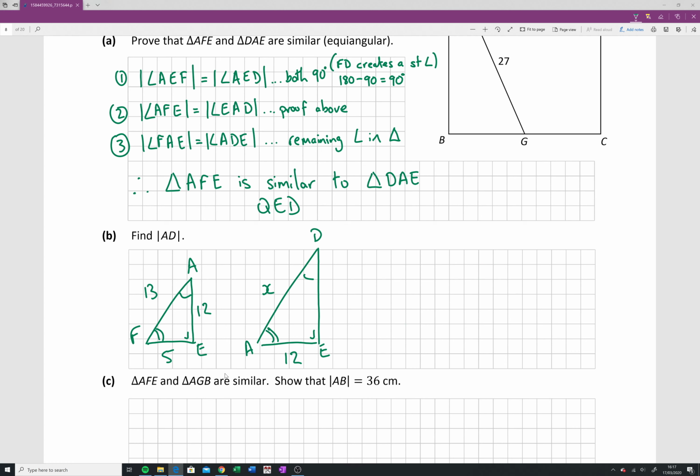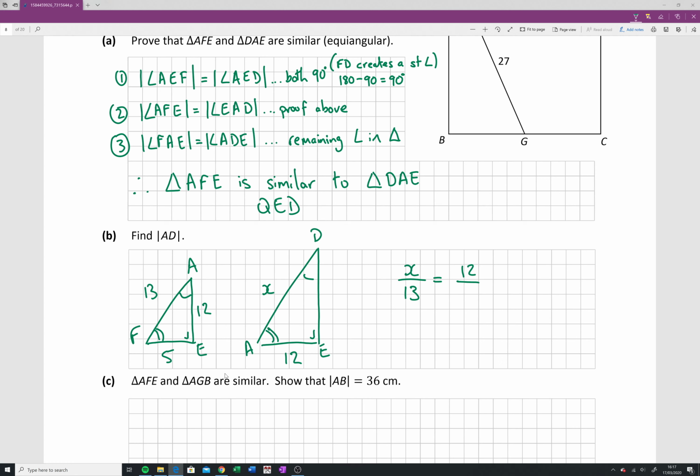Start with the thing that you're looking for. We're looking for X. And you can very simply say that X compared to, and you just go to the other triangle and get the side which is relevant to it. So it's X compared to 13 is equal to, and then you pick another side that you know. We know 12 from the same triangle that X is in, and we compare it to the same side on the other one, or the corresponding side as they would say.